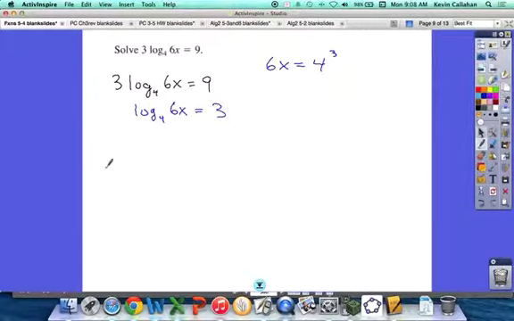In this case, it's not much, but there is another step to take. 4 to the 3rd is 64. x equals 64 over 6. And you could simplify that as a fraction, but we're turning everything into decimals anyway. So 10.666 repeating.